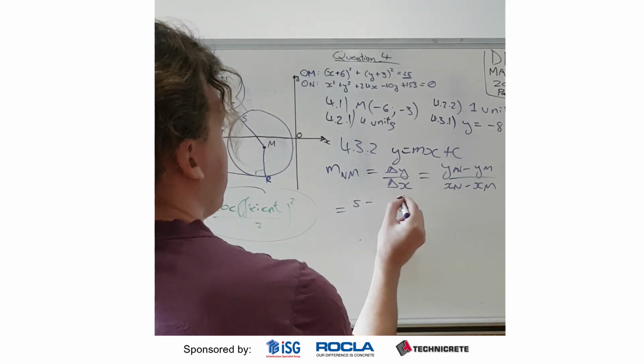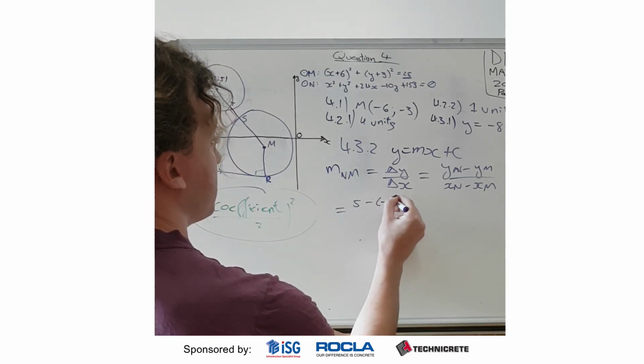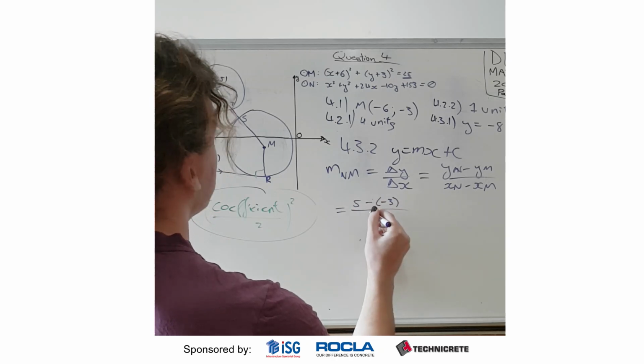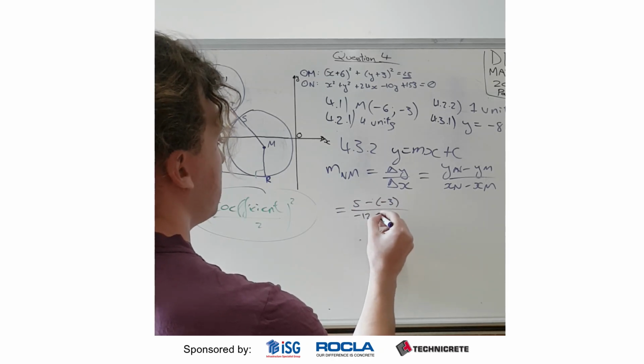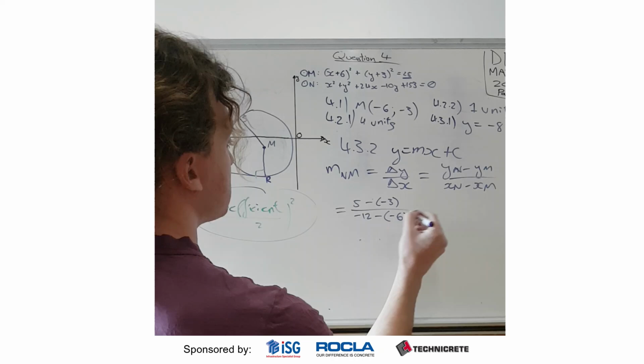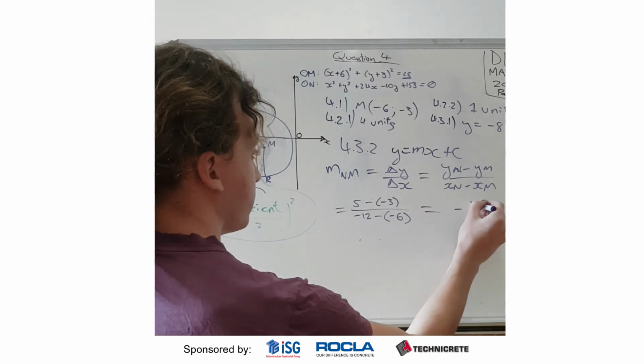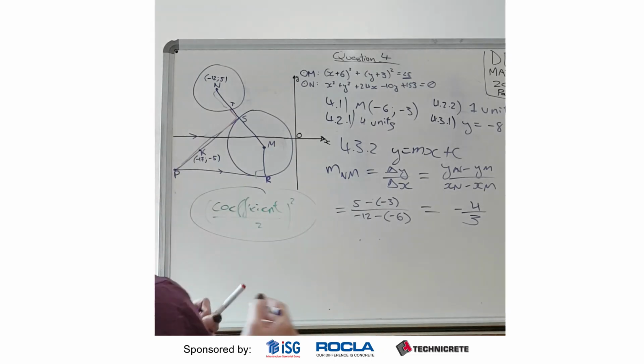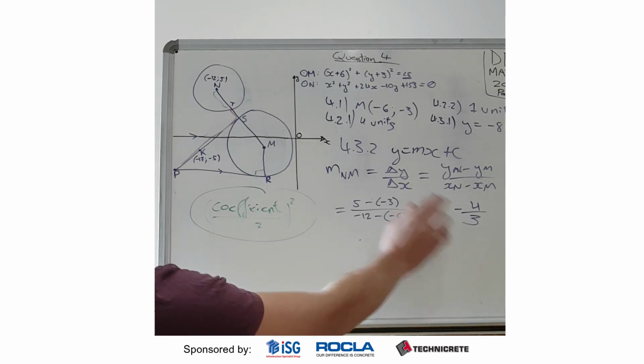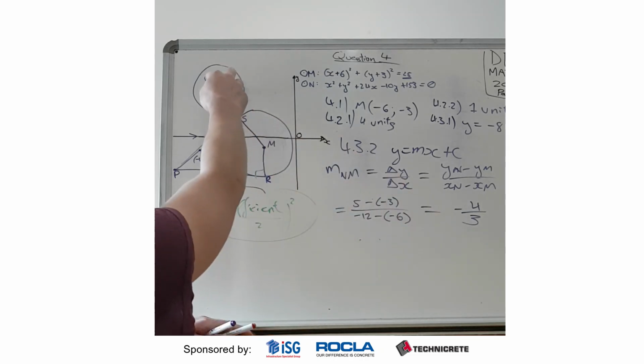So that's 5 minus 3 over negative 12 minus 6. Our answer there should be negative 4 over 3. Right, so that's the gradient of nm.